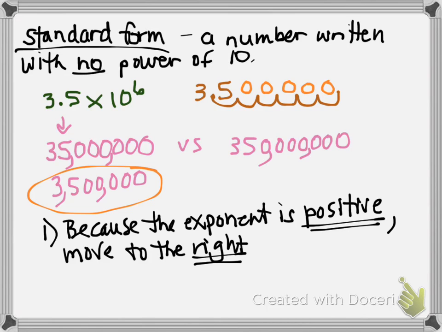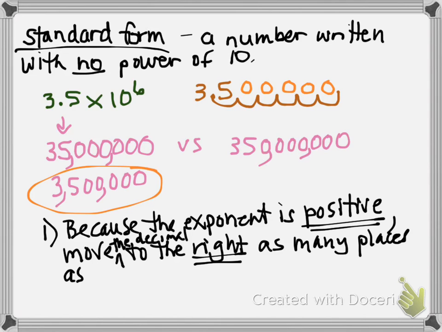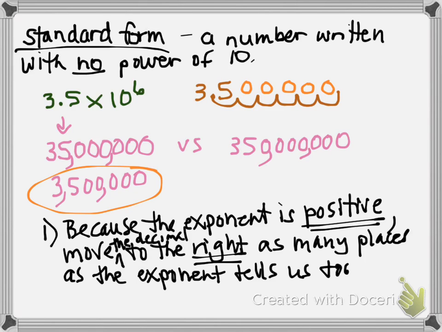Because the exponent is positive, we're going to move, I should say, the decimal to the right as many places as the exponent tells us to. And then we're going to fill any blanks with zeros.